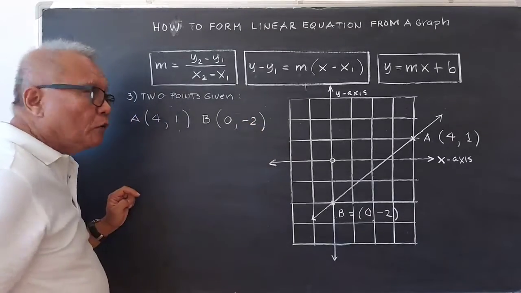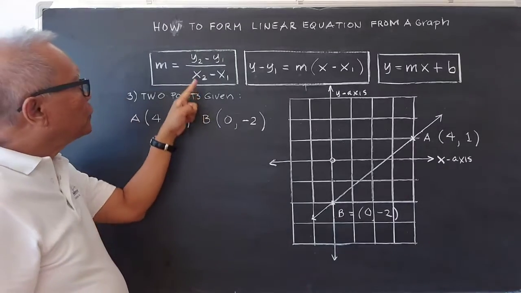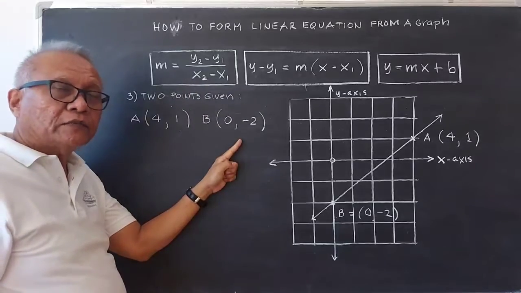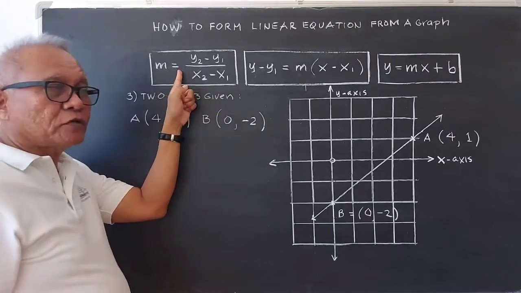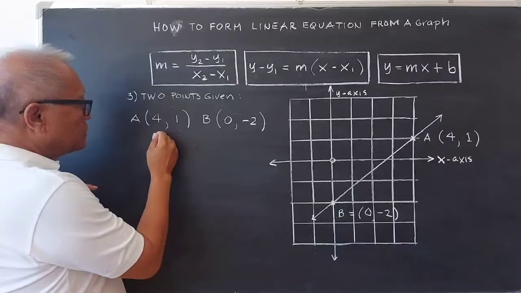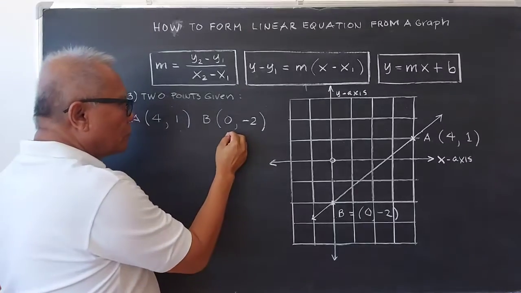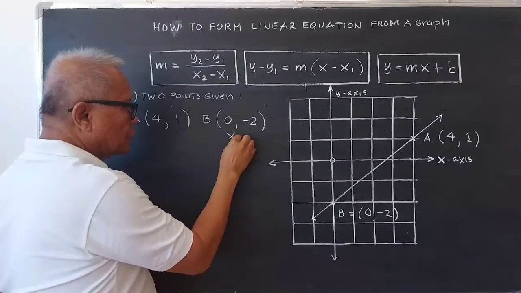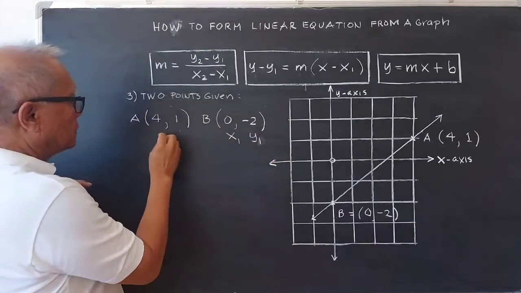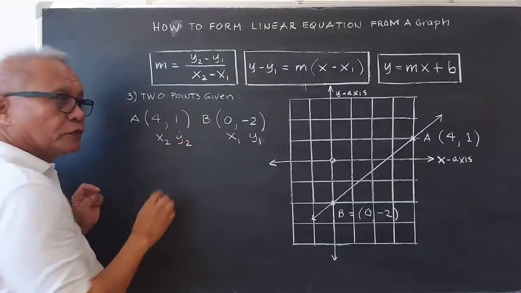Okay. Why do we need to put the coordinates of A and B here? Because we will put y sub 2, y sub 1, x sub 2, x sub 1 here. So we will not be confused when we put that in our equation to solve for n. Maybe it's better if we have point B as our x sub 1, y sub 1, and then x sub 2, and y sub 2.